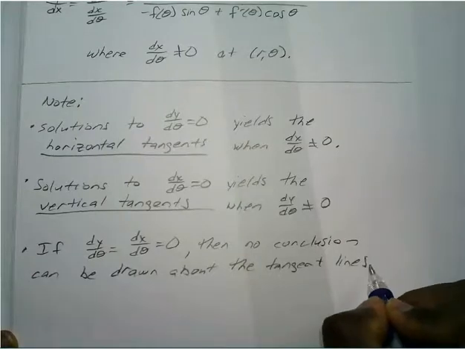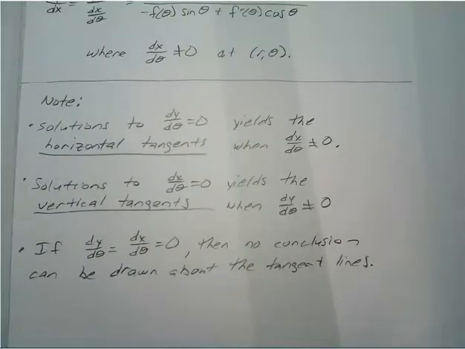That's not saying there's no way to find it out, but you just can't do it using this particular method. All right. So if you are still writing, feel free to press pause. But we're going to go ahead and start on our first example.